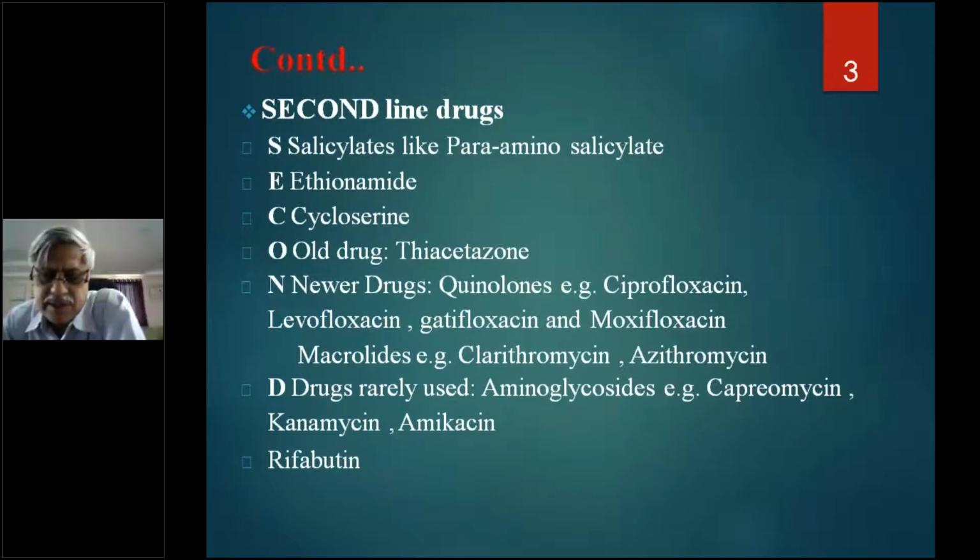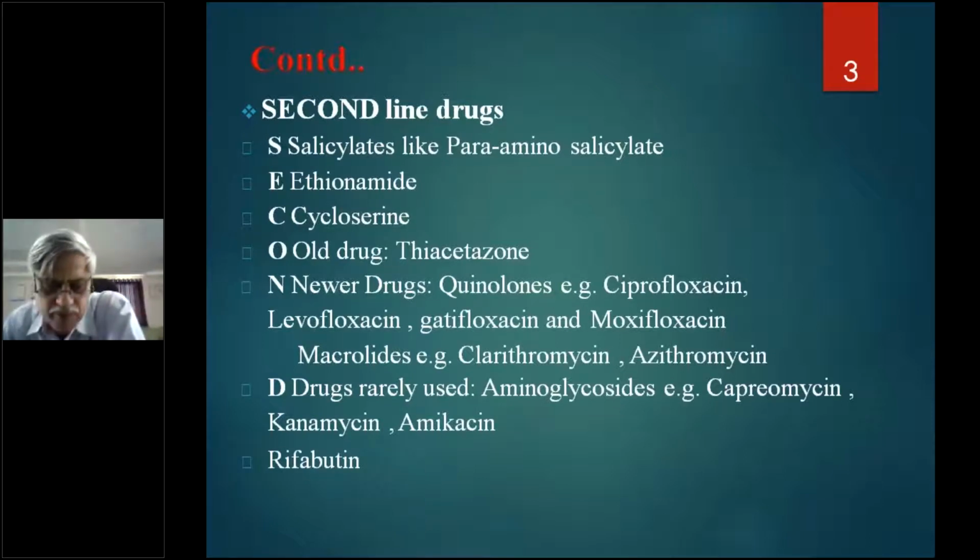In the intensive phase, all four drugs, rifampicin, isoniazid, ethambutol, and pyrazinamide, have to be given for the first 2 months. In the continuation phase, previously they were giving only rifampicin and isoniazid.